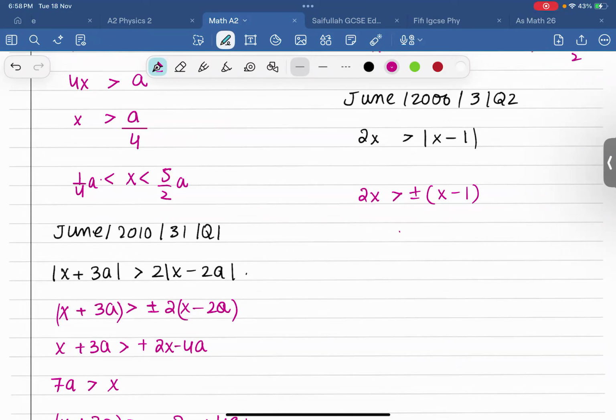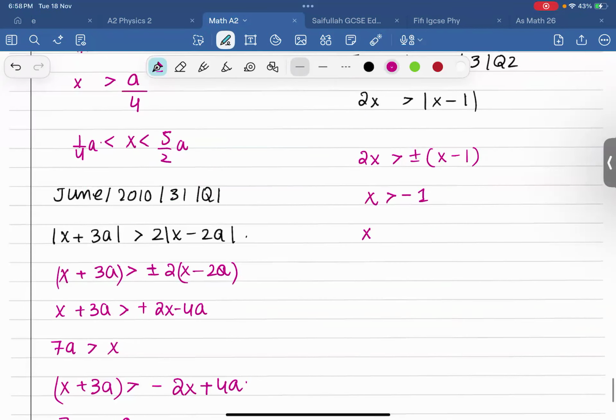So x is greater than -1, right? And x is greater than 1/3. ऐसे ही आ रहा है, right? Yes. Okay. Yeah, I'm getting that. Now, what will be the range of your answer?